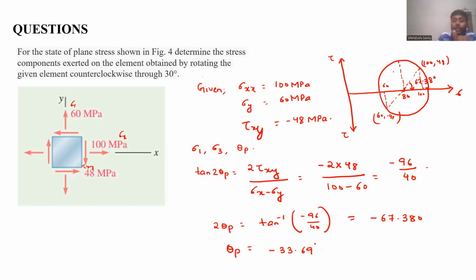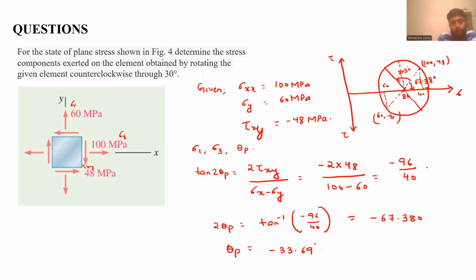They are asking that when this element is rotated by 30 degrees. In the Mohr circle, it will be twice that, so from this point it becomes 2 into 30 degrees, that is 60 degrees.